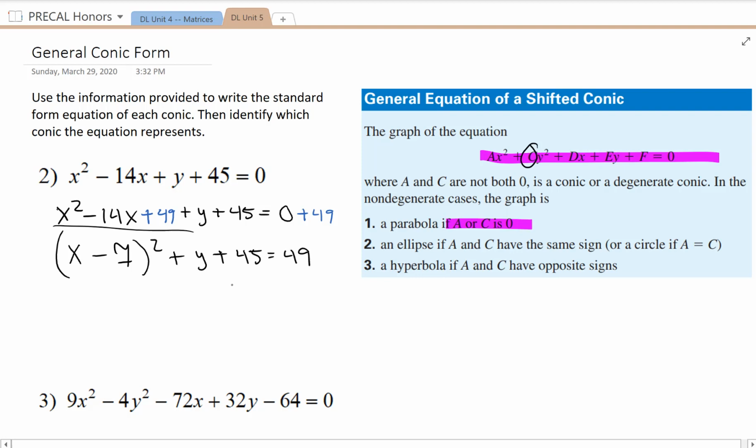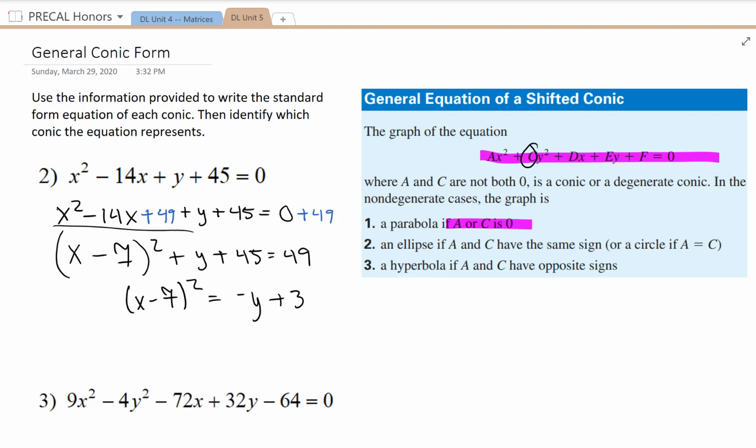Hey, when it comes to a parabola, the standard form has the quantity that's being squared isolated. So move everything else to the right side of the equation. Negative y plus 3.